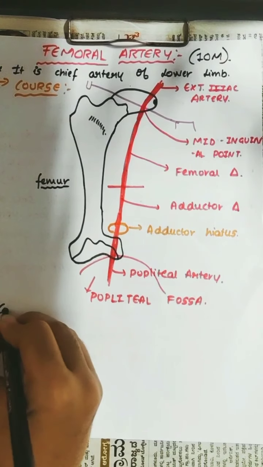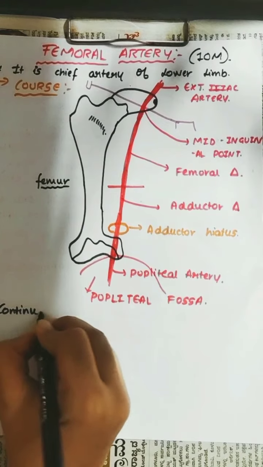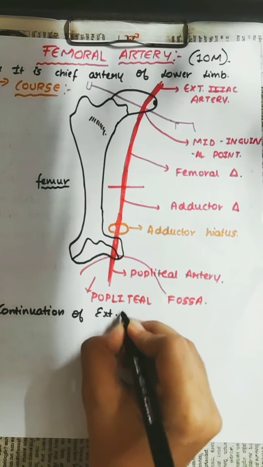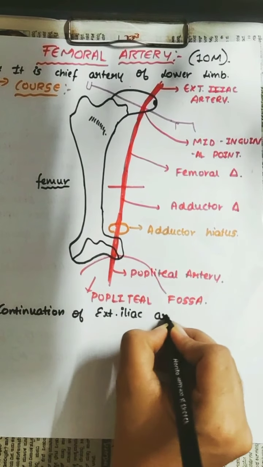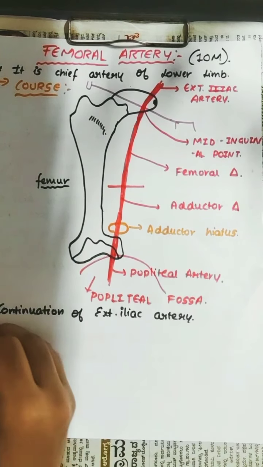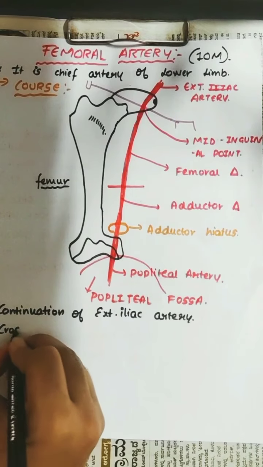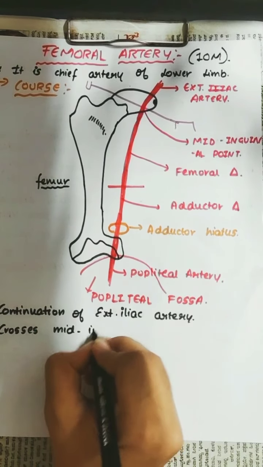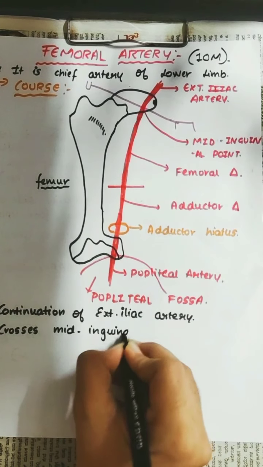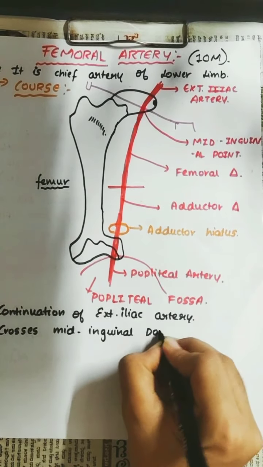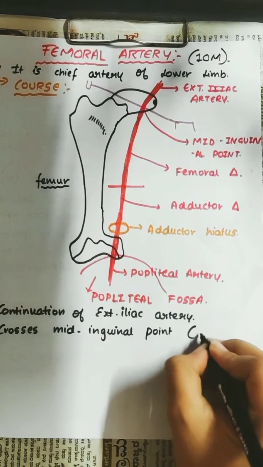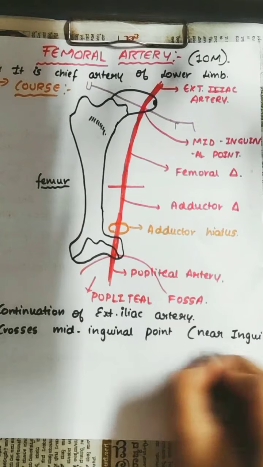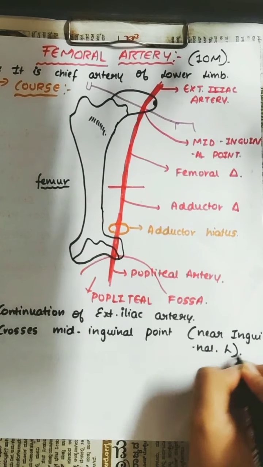So it is a continuation of the external iliac artery, crosses the mid-inguinal point near the inguinal ligament.